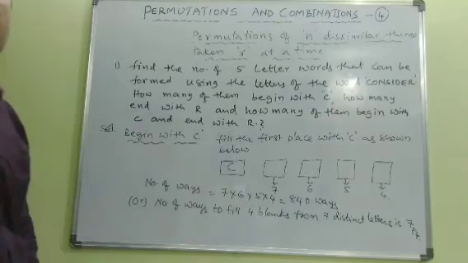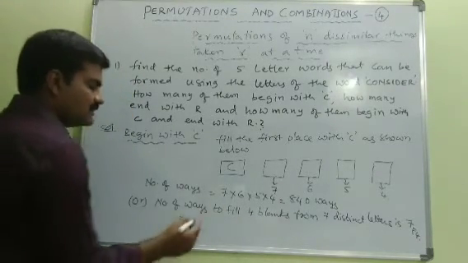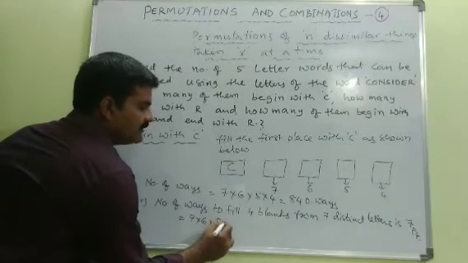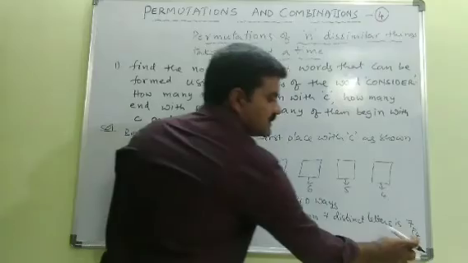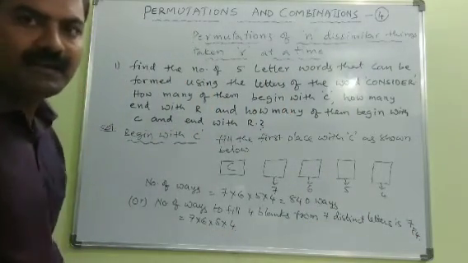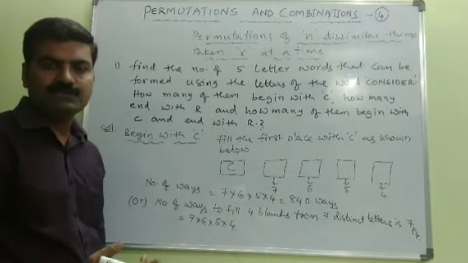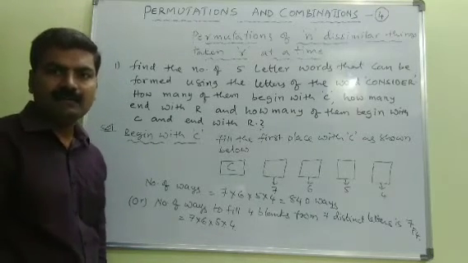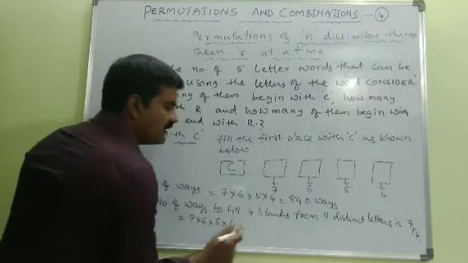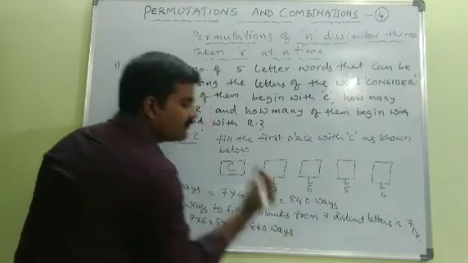How can we write 7P4? 7 into 6 into 5 into 4. I told you the second formula: nPr can also be written as n into n minus 1 into n minus 2 and so on, up to n minus r plus 1. So the number of ways is 840 ways.